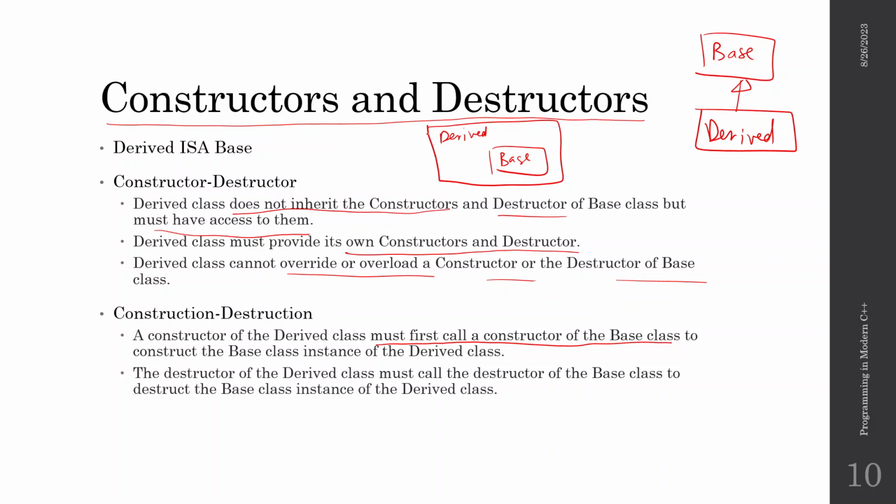So when you have to construct this object, first construct this small base object and then initialize the other variables. In case of the destructor, the order does not matter. You can do it in a way that makes sense, but you must call the destructor of the base class.